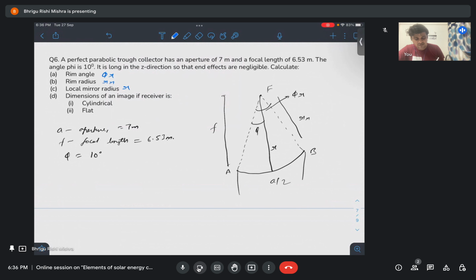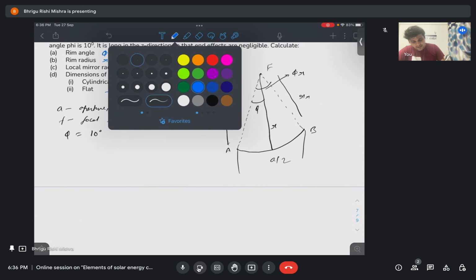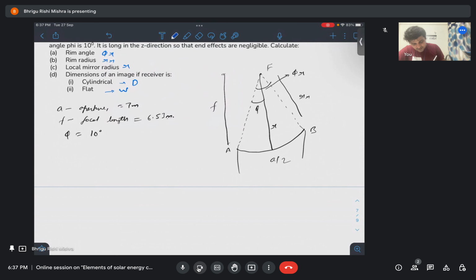If the receiver is cylindrical, the image will also be cylindrical, and we have to calculate the diameter of the image. For the flat receiver, we need to calculate the width of the image, that is W. Okay, let's calculate. So first, the rim angle.